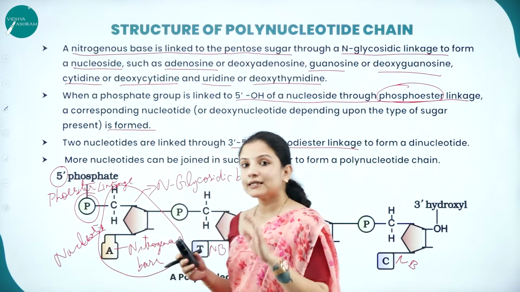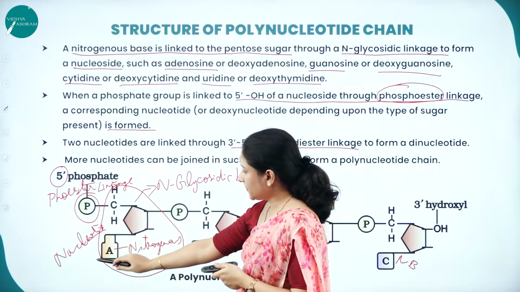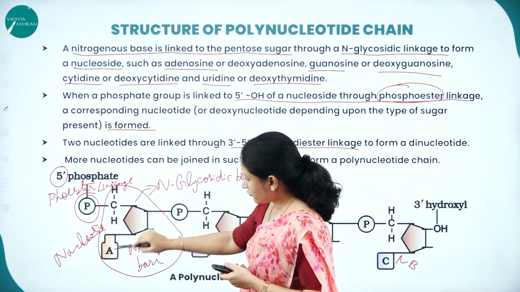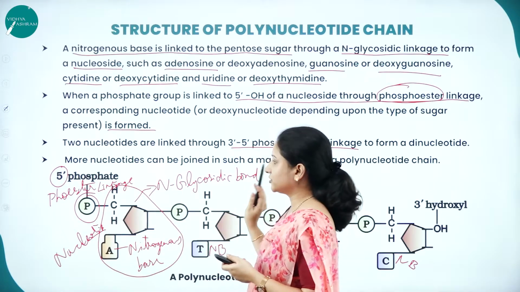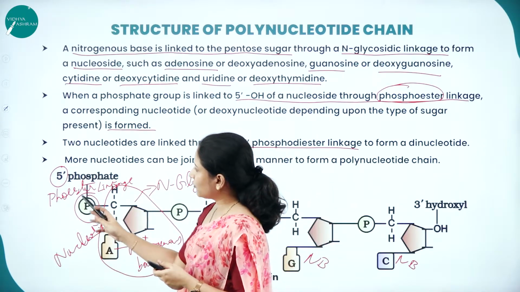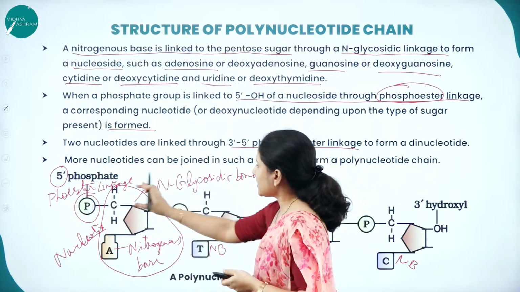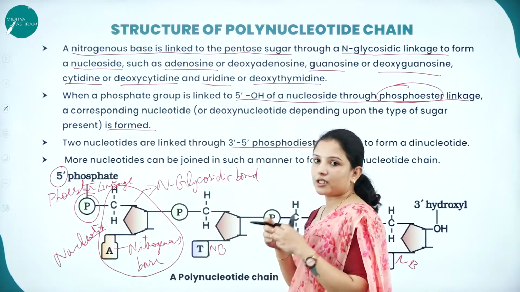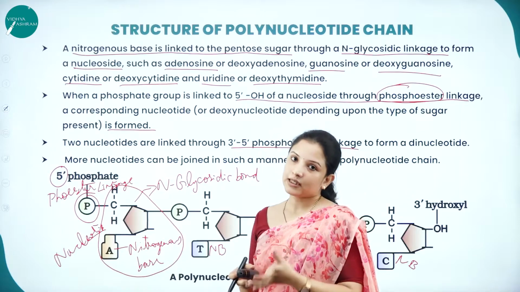So we understood the linkage between the pentose sugar and the nitrogenous base, that is N-glycosidic bond. Now this phosphate group is linked to the 5' end by a phosphoester linkage, and each of these nucleotides are interlinked to one another, and the bond depends on the type of sugar molecule they are made up of.